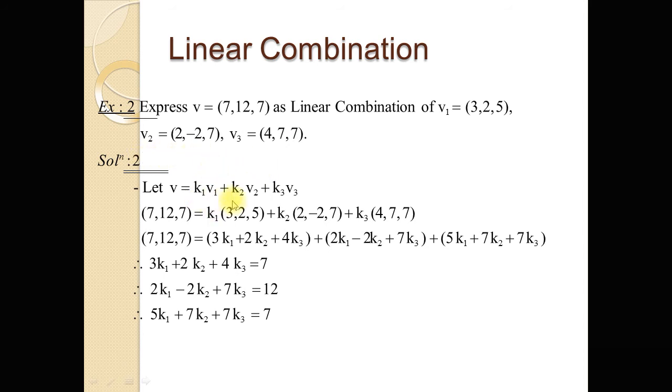Now this is k1 and this is v1, k2 v2, k3 v3. After multiplication and taking the first, second and third components, the first component is 3k1 plus 2k2 plus 4k3, the second component is 2k1 minus 2k2 plus 7k3, the third component is 5k1 plus 7k2 plus 7k3.